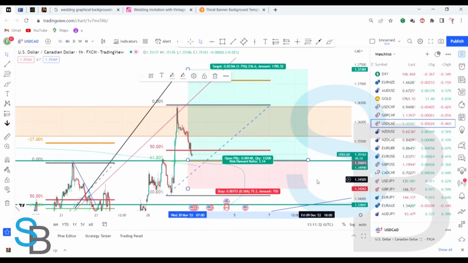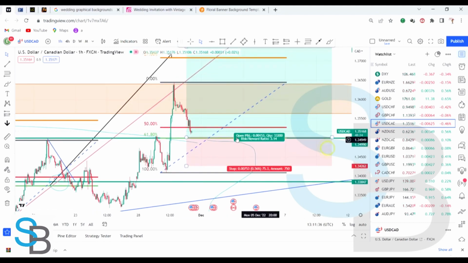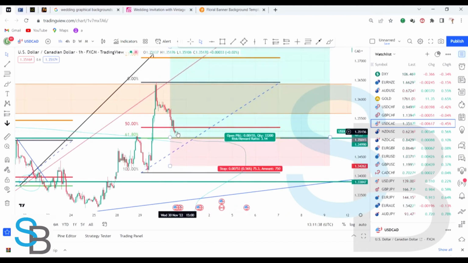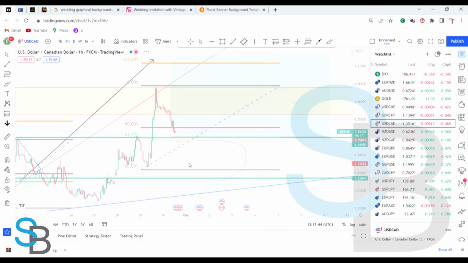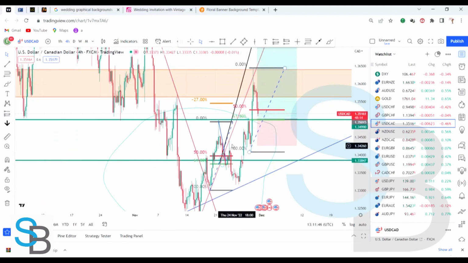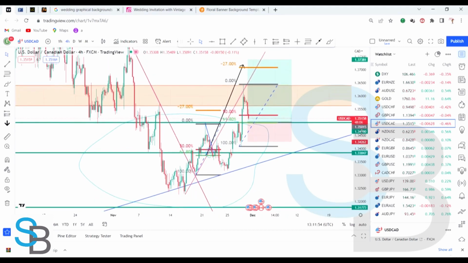So it's a 3-to-1 ratio. When I look at the distance from here to here, it's not much, so I'm really tempted to enter a market execution order, but I'm going to weigh the risks again and see.